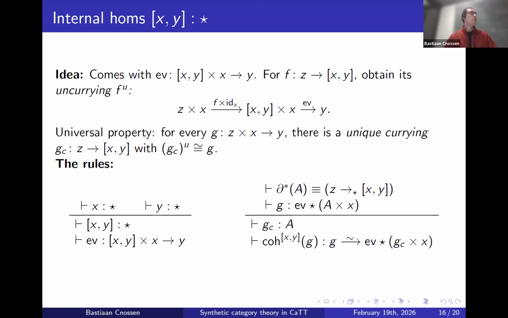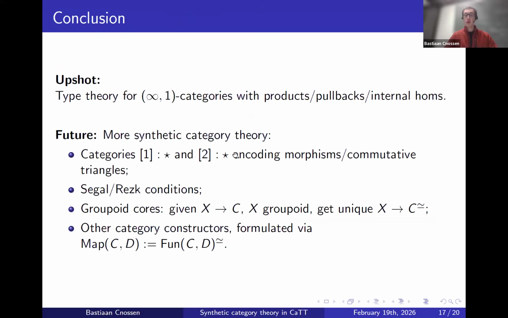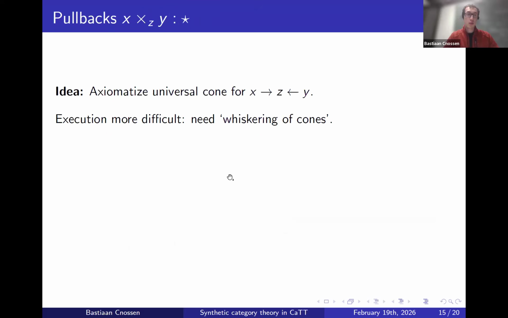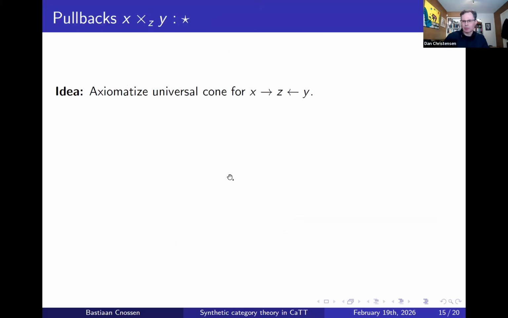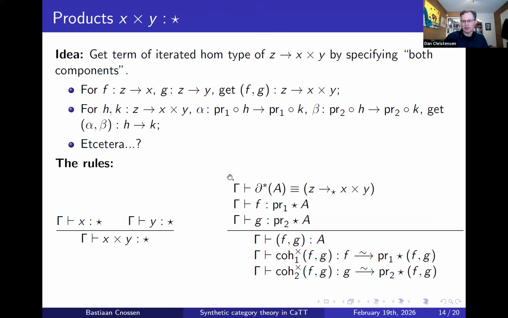So, are you complaining about the rule for internal HOMs, or would it also apply to the rule for pullbacks and products? It also applies to those, yeah. So in all cases, instead of just saying that a certain type has a unique element, you had to list a bunch of inductive rules, and you couldn't just rely on this one definition of uniqueness.